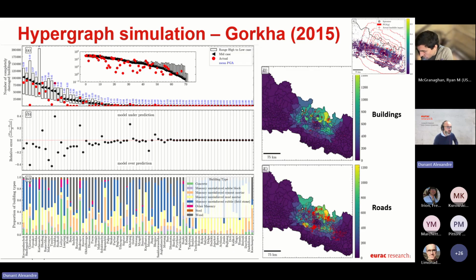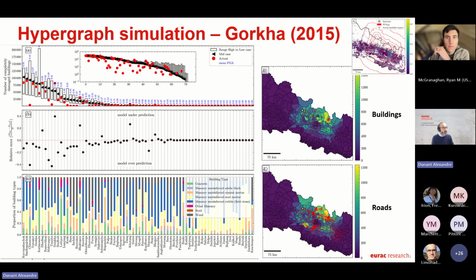It's a bit of a busy slide, but basically what you can see at the top is an estimate of the number of buildings that we expect to be completely damaged, with a range based on the fragility that we had, and the points where the actual event falls.